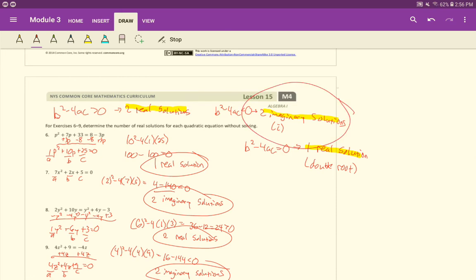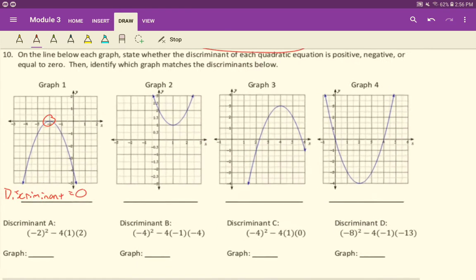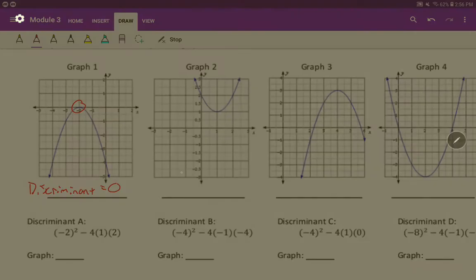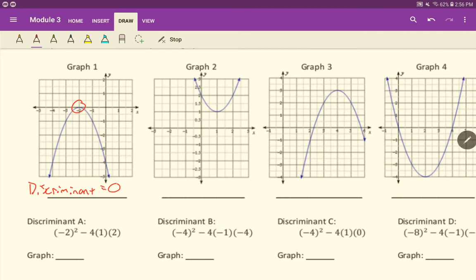It's 2 imaginary solutions because if you look here, there's no real places where our graph crosses the x-axis, right? It never does. And so in this case, we have the discriminant would be negative. No real solutions.